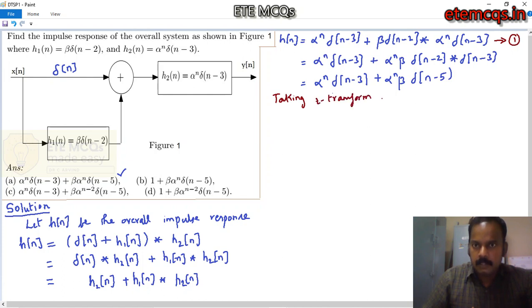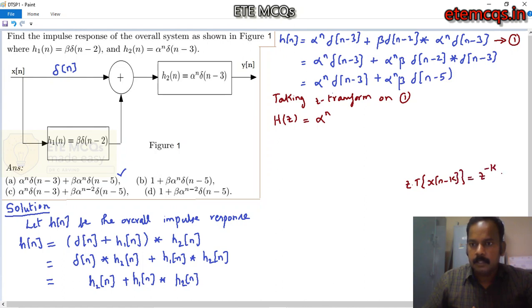Taking Z transform on 1, h of n on taking Z transform produces H of z, which is equal to alpha power n is a constant, you can just keep it as such. Del of n minus 3, we already know that Z transform of x of n minus k is equal to z power minus k into capital X of z.